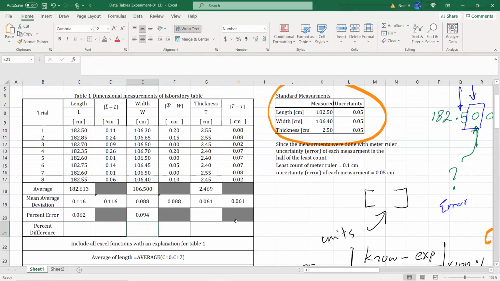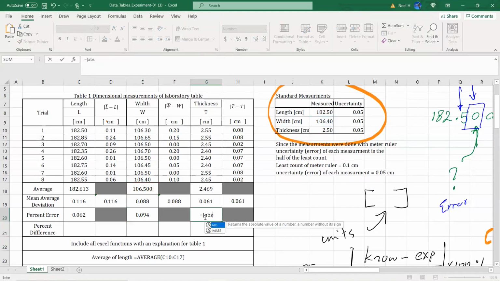Very small again. We'll do it for the thickness: equal open bracket ABS, open bracket expected K10 minus calculated average, close bracket, divide by expected, close bracket, multiply by 100.